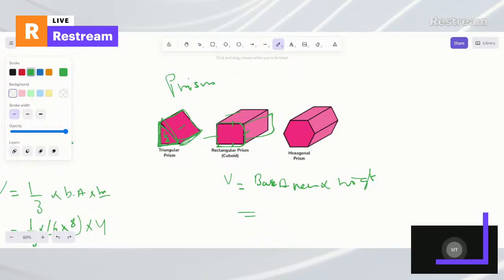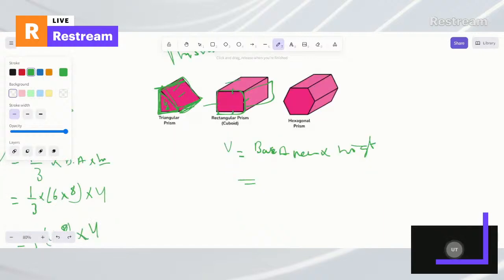So the height is going to be this dimension of the rectangle. Now when it comes to a rectangle base prism, it's going to be exactly the same.